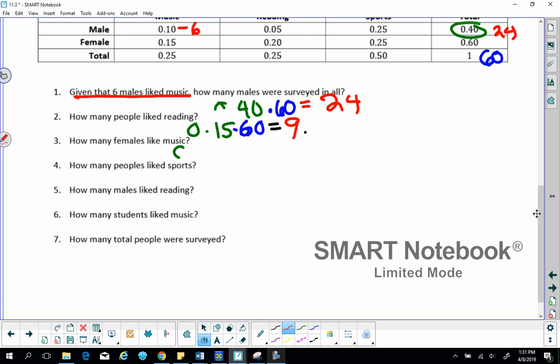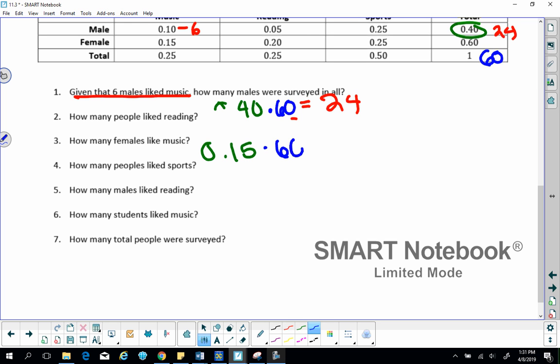Number 3 is 0.15. This one's 15. What's 4? Did you get 4 yet? I got 30. It's 30.